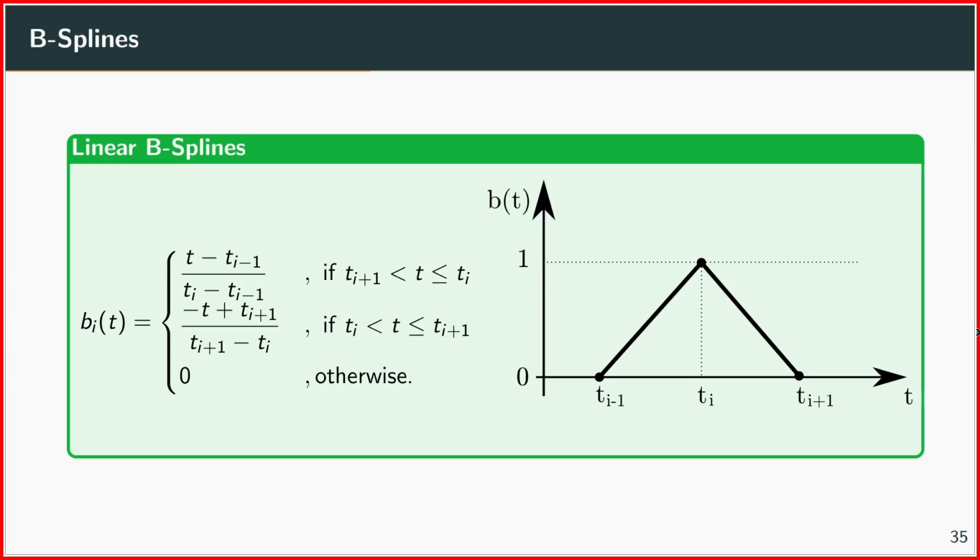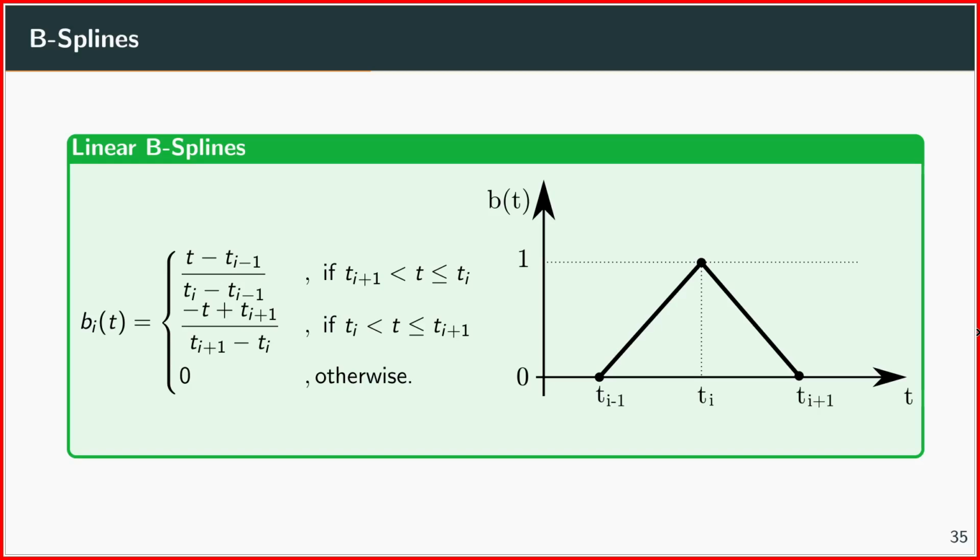And now we can also define basis functions. So for example, here on the right we have ti. This is one of our points from our knot vector. And we can have, for example, a linear B-spline, where we just have this linear profile.